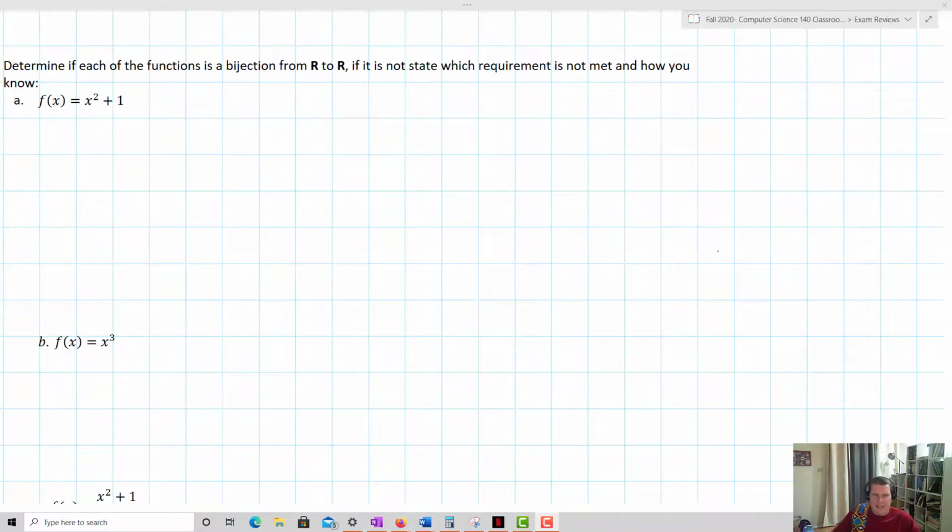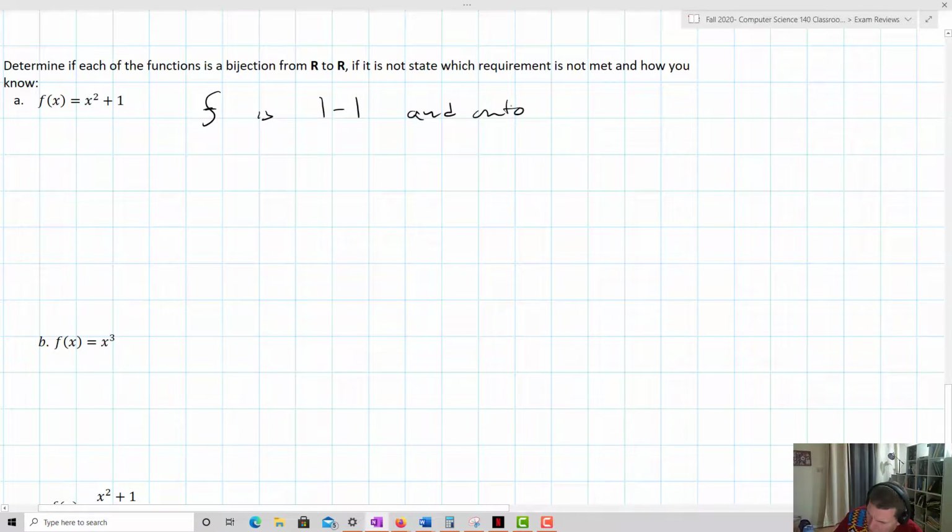Now, let's say I want to determine if each of the functions is a bijection from R to R, and if it is not, state which requirement is not met and how you know. Take f of x equals x squared plus 1. To be a bijection, f has to be 1 to 1 and onto. We know f of x is quadratic.